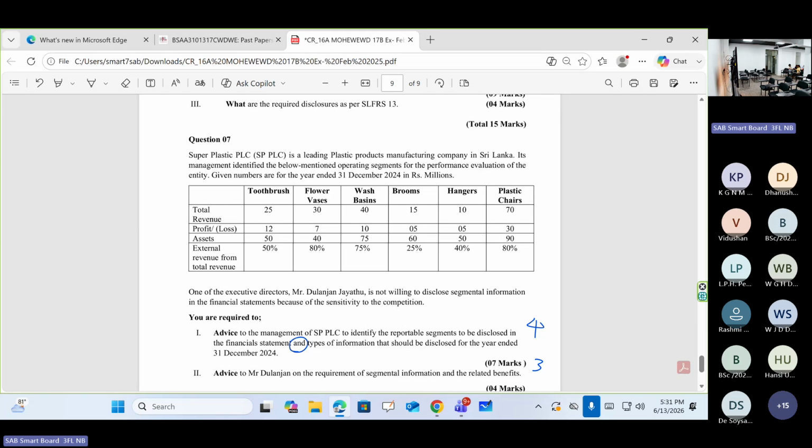Next question. 55% is the overall price. Can you do this quickly? Please.